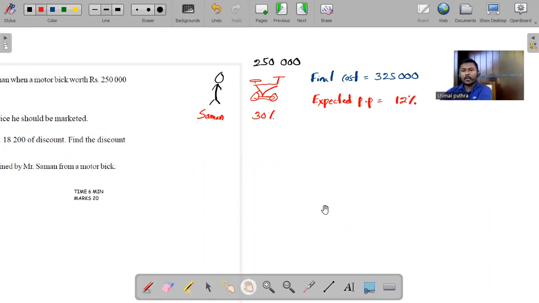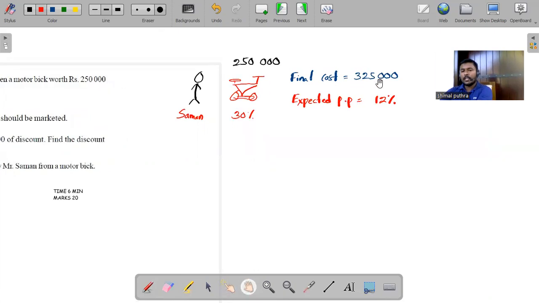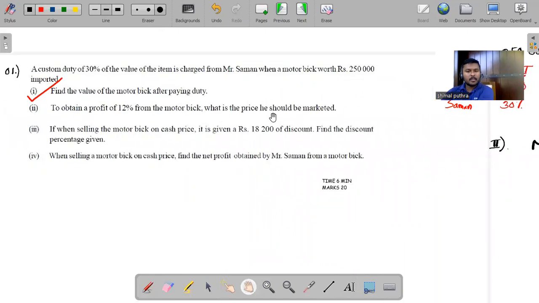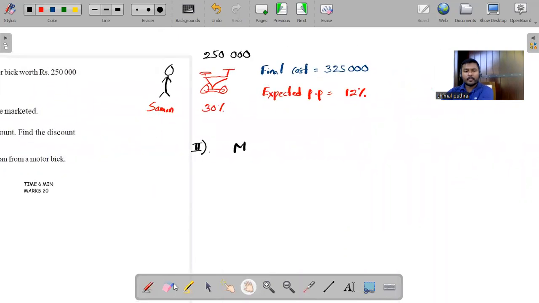They asked what is the amount he should mark. So marked price. What is the price he should mark? Yes, the marking price.